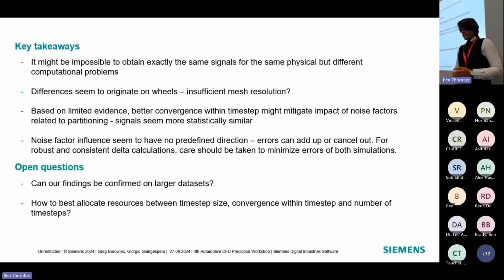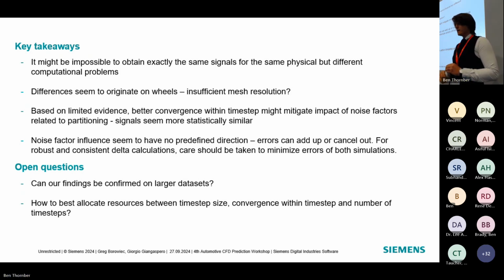What are the key takeaways from our research? One is that obtaining ideally overlapping signals for different computational problems might not be possible. Regions of relatively low mesh resolutions were identified as places of origin of differences.